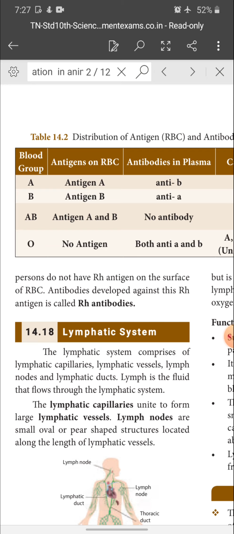So the antibodies developed against this Rh antigen are called what? Rh antibodies, right?